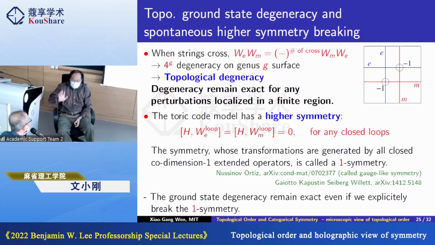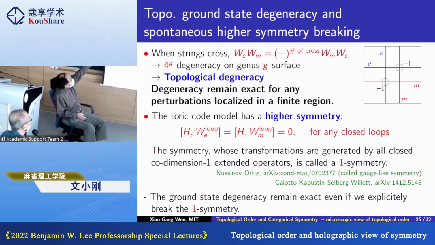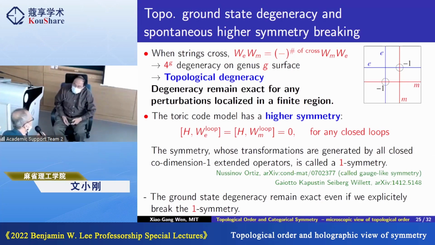You can add a perturbation or impurity which breaks all the loops. If you only add a perturbation in a local region, then a loop which does not touch this region is not affected. But if you destroy some part of the loops, then do you still have one symmetry? Am I right?